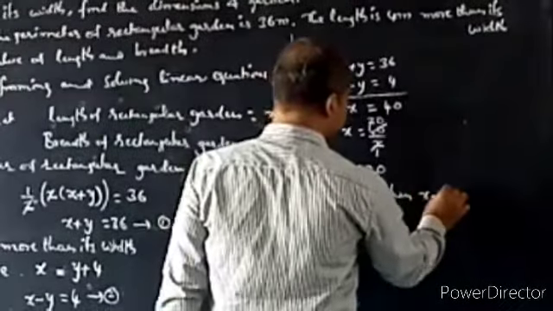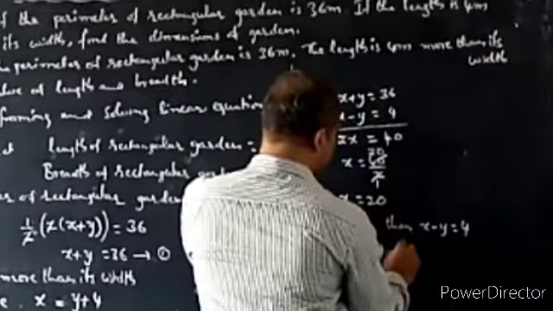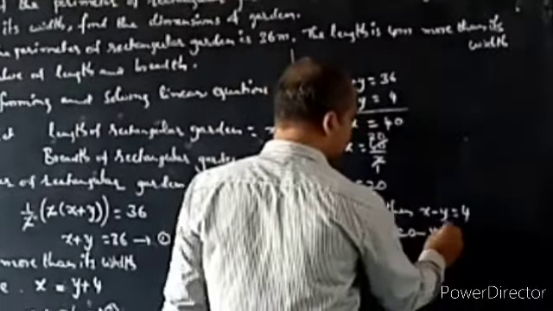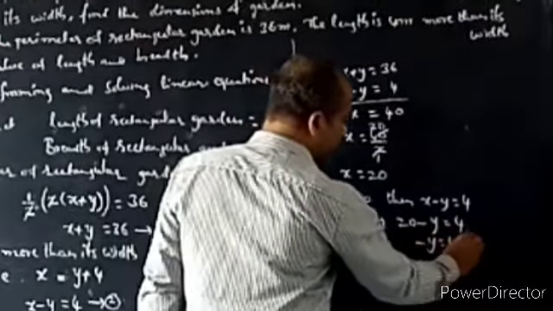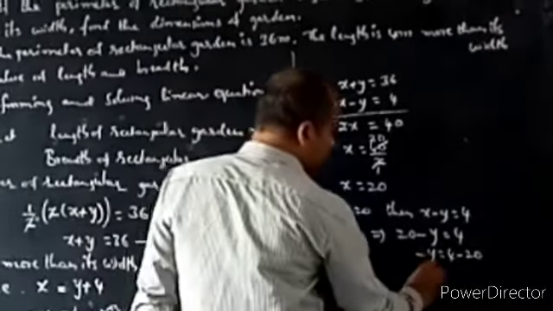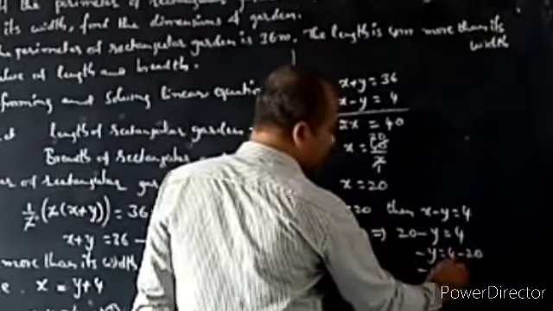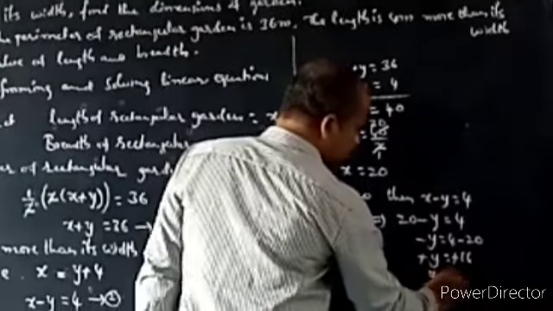If x equals 20, then x minus y equals 4 becomes 20 minus y equals 4. Minus y equals 4 minus 20, with 20 transposing. So minus y equals minus 16. The minus signs get cancelled, so y is 16.